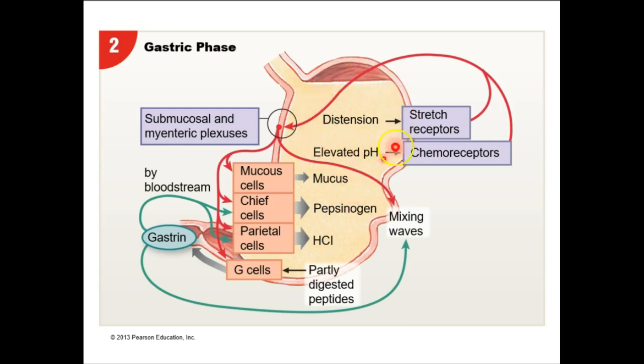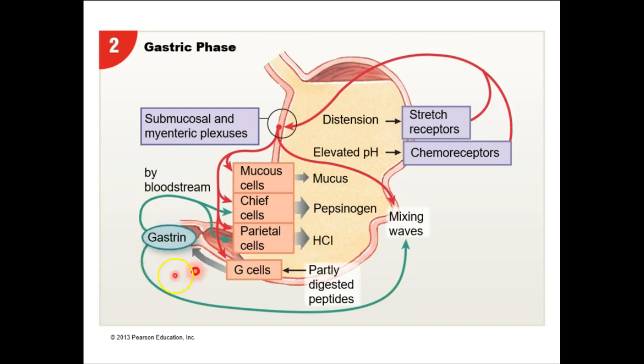For one thing, as food makes it into the stomach, it distends, it stretches, and those stretch receptors are going to provide feedback to that same submucosal and myenteric plexus of the stomach, as well as chemoreceptors detecting the elevated pH from the hydrochloric acid. So those are going to be in a feed-forward or positive feedback loop with the submucosal plexus to further increase the production of mucus, pepsinogen, and hydrochloric acid.